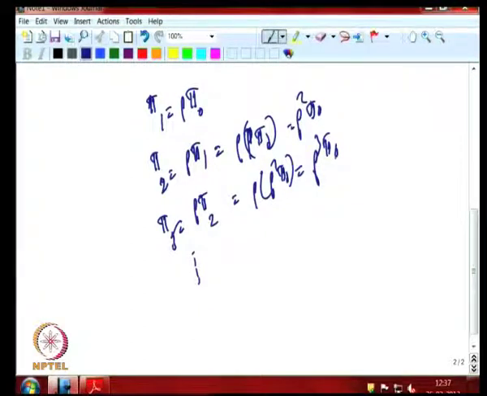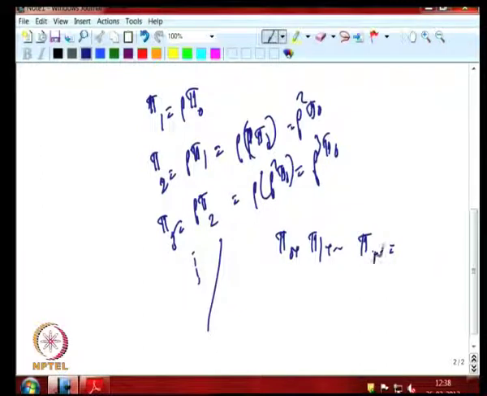but then the probabilities should all sum to 1, right. So that means pi 0 plus pi 1 plus pi 2, all those things should be equal to 1, the maximum being n.